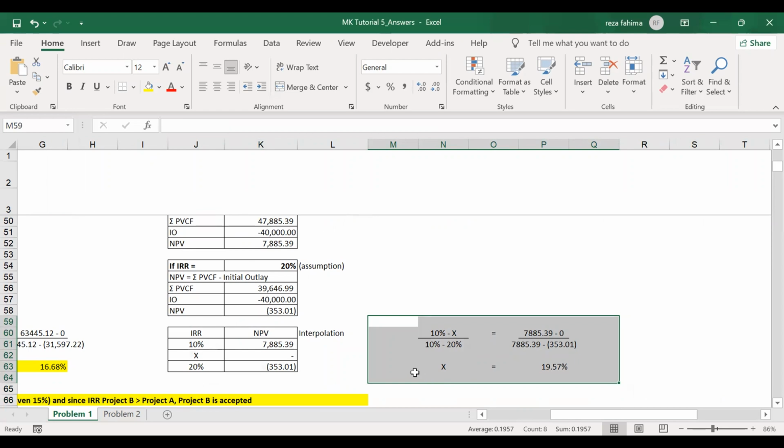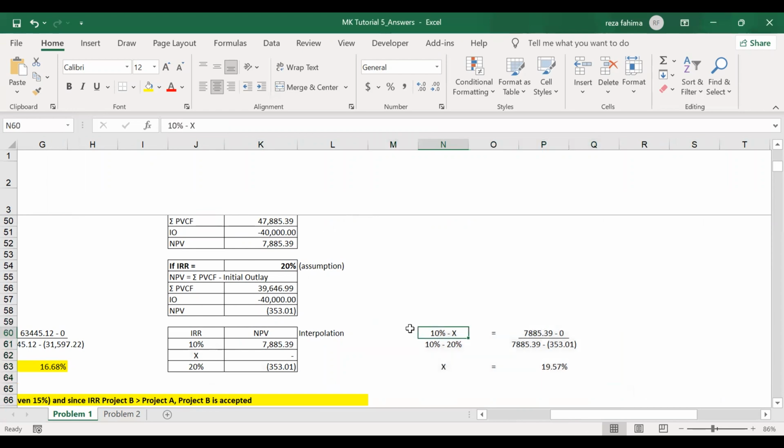IRR using the interpolation method. So the 10%, the first assumed IRR, minus our actual IRR that we are going to find out, divided by our first assumed IRR, which is 10%, minus our second assumed IRR, which is 20%, equals the NPV when the IRR is 10%, which is 7,000, minus 0, because we are calculating the IRR.